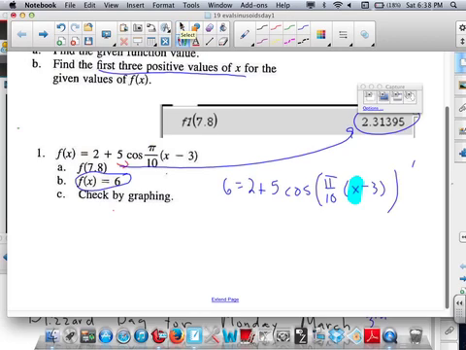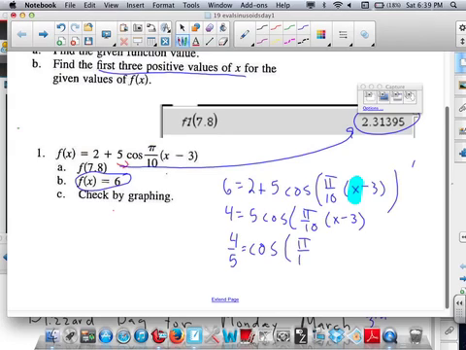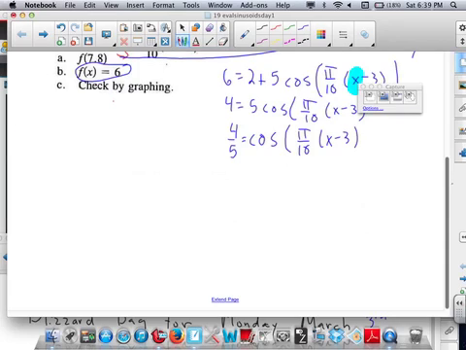Let's subtract 2 from both sides first. How about divide both sides by 5? And then we'll take the inverse cosine. We won't do anything about that just yet. Let's get x by itself first.